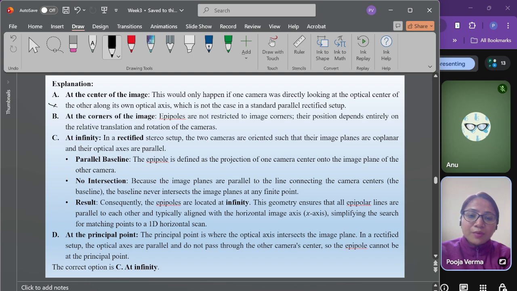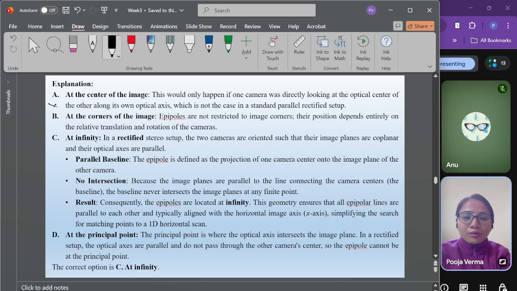The epipole is defined as the projection of one camera center onto the image plane of the other camera. So there will be no intersection, that means they are parallel. Because the image planes are parallel, the line connecting the camera centers, the baseline, never intersects the image plane at any finite point. So consequently the epipoles are located at infinity.